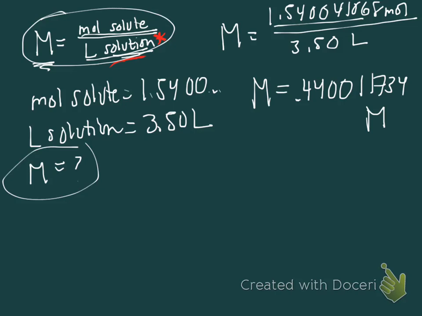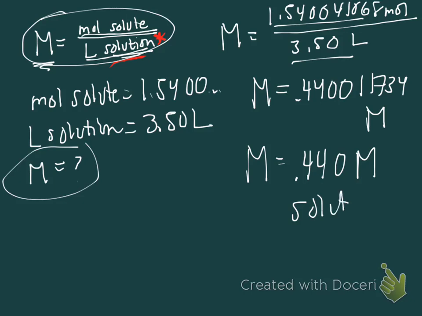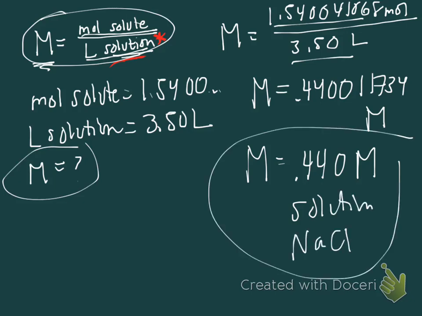Molar. Practice saying that word. We can have 3 sig figs. We were given 3 sig figs in everything, so it is a 0.440 molar solution of sodium chloride. And that would be your final answer.